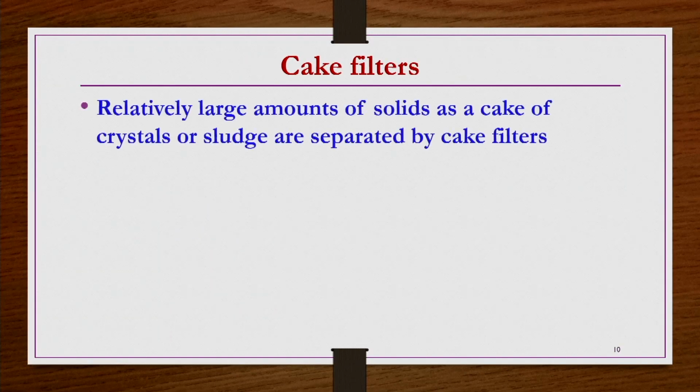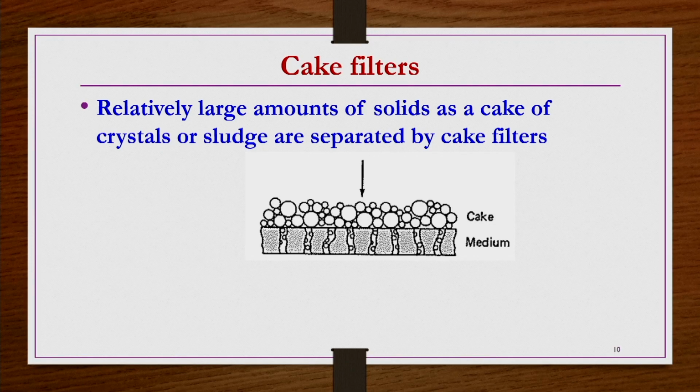So, what happens in cake filters? In cake filters, relatively large amounts of solids, as a cake of crystals or sludge, are separated. Schematically, you have a filter medium here, which may have a porous structure, not necessarily a linear or channel kind of porous structure as shown here, but interconnections of porous structures are also possible.